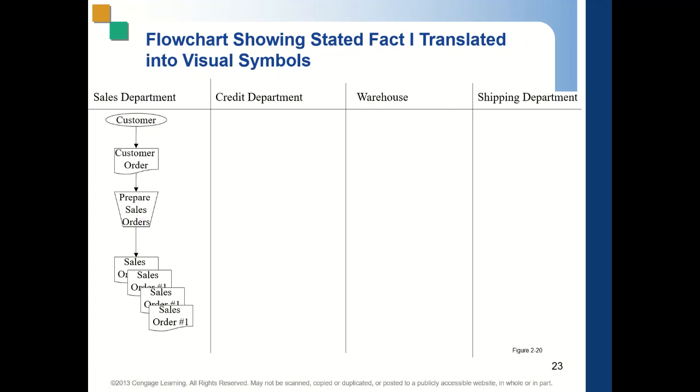And that process then will give out some kind of documents. In this case, the document that comes out is a sales order. And remember, that was chapter 1 or earlier this chapter, that we will be preparing an order in several copies, so that all the various departments that need to be informed will each receive a copy.